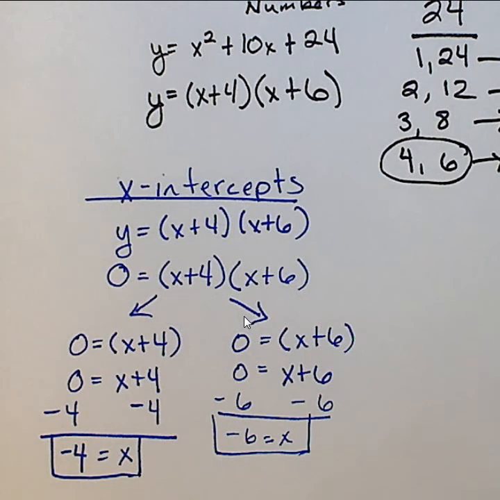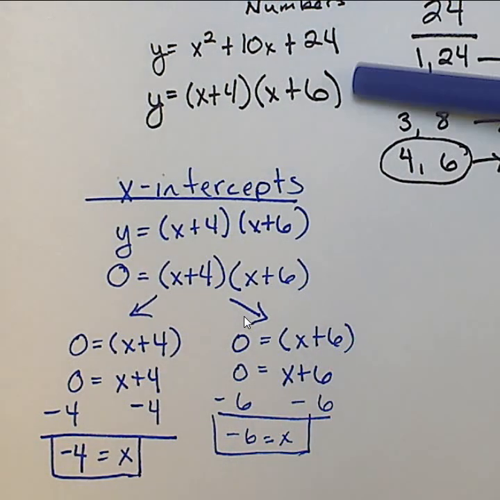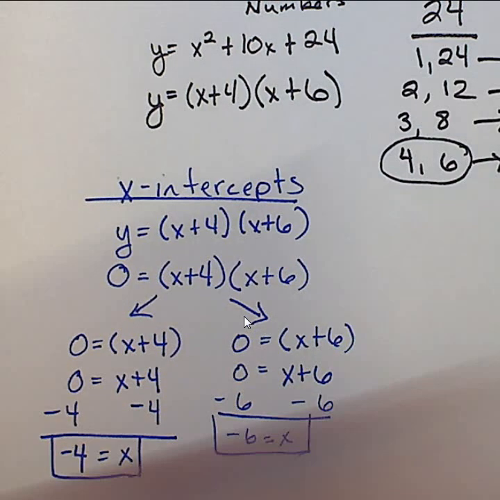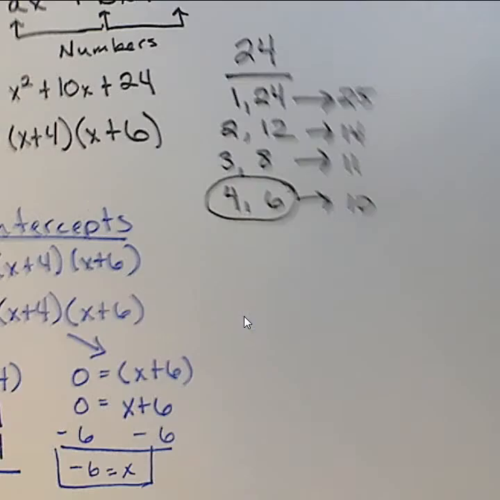The other equation that's important is this quadratic equation right here, x squared plus 10x plus 24. Because remember, these guys say the same thing, right? So if they say the same thing, I can use either one of them. This equation is important in finding the axis of symmetry.